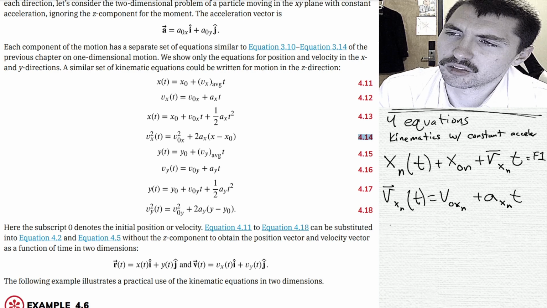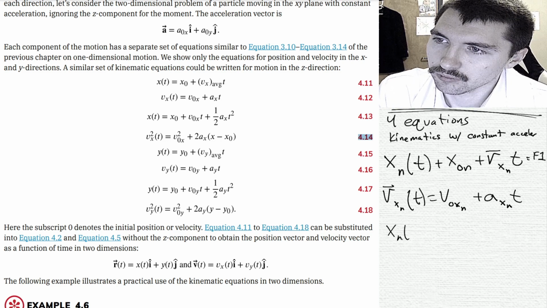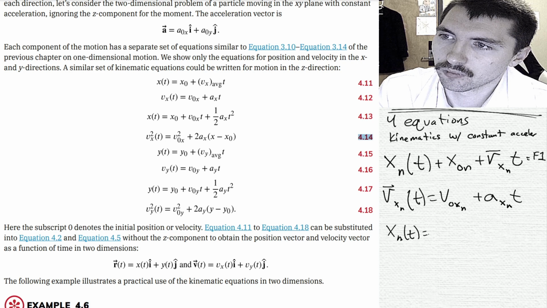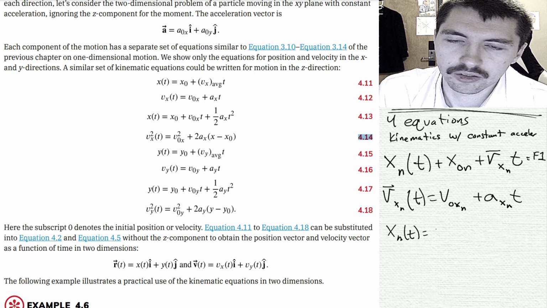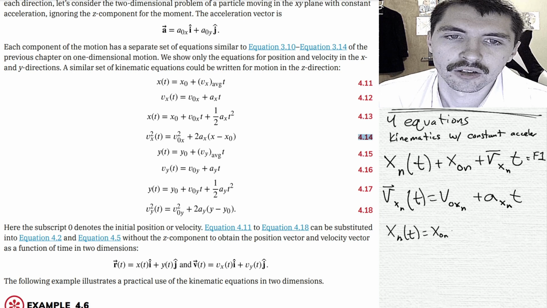And this might be just making it more confusing than it needs to be. x of t is x naught of the nth dimension.